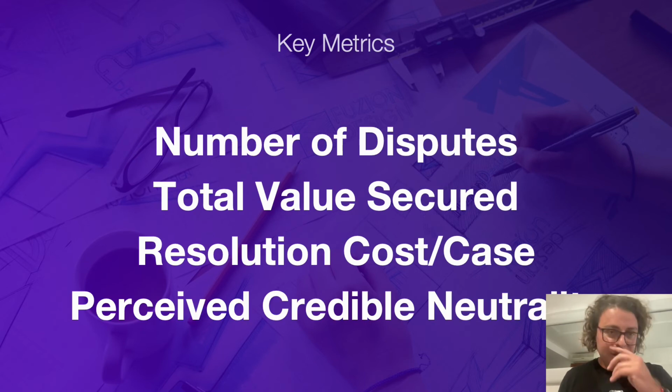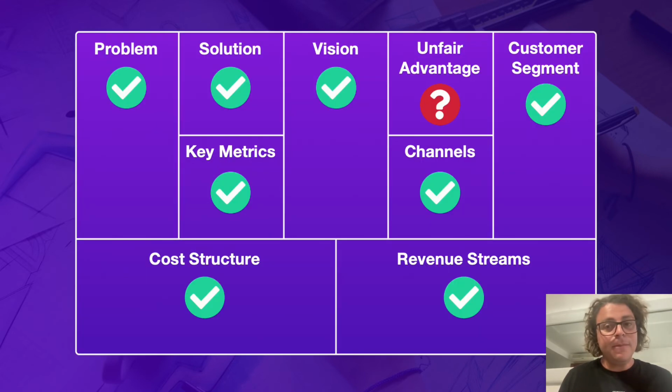So in the case of Kleros, we track closely, of course, the number of disputes that the platform resolves, the total value secured by the protocol, the cost of resolution per case, and the perceived credible neutrality that Kleros has in potential users. So this is what we track very closely at Kleros.